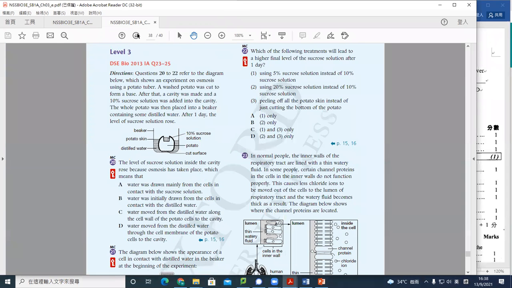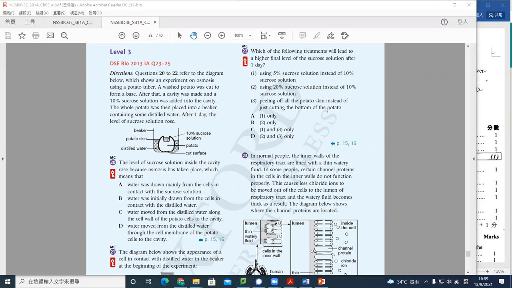Last three MCQ. So we have a potato with the hole inside. Inside the hole, we put some 10% sucrose solution. Outside the cell, we have some distilled water.